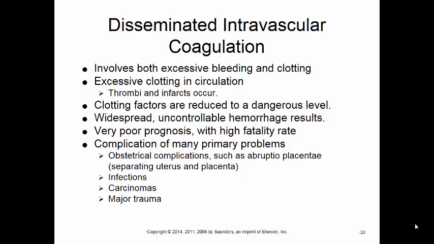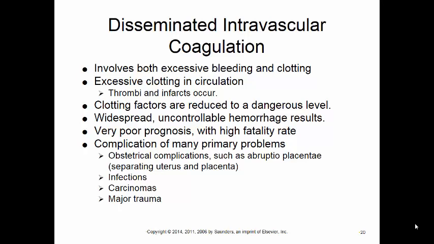So you have a cycle. The cycle involves excessive clotting, and most of the clotting factors get used up, which makes the clotting factors low. So you have excessive clotting, and then low clotting factors, which leads to excessive bleeding.